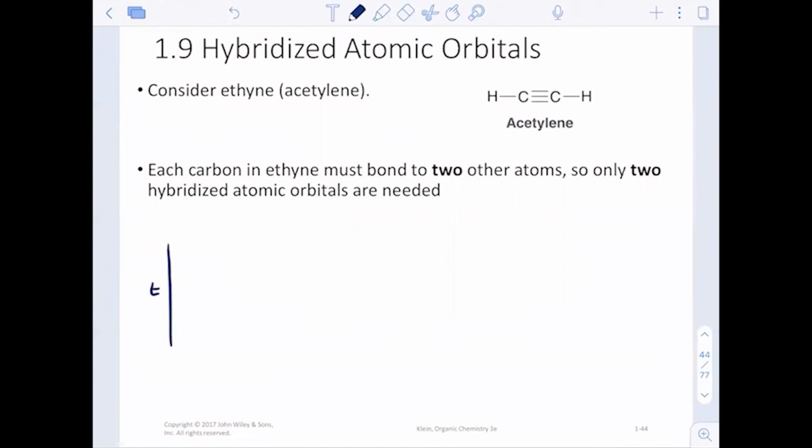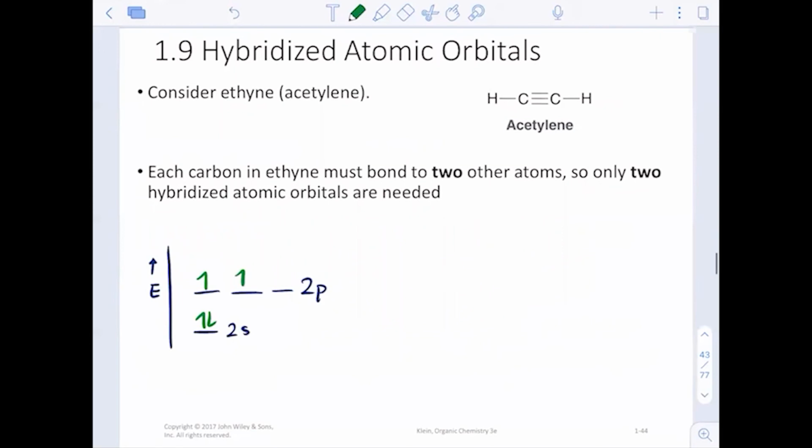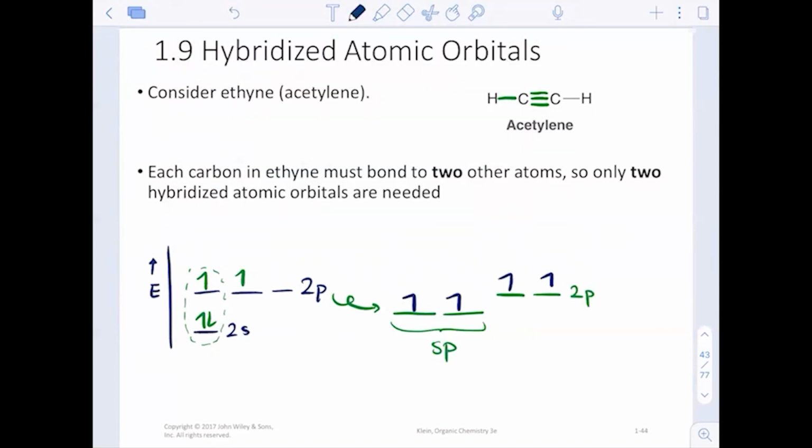If we again think about carbon's energy diagram for its valence, when we see that there's only two electron groups here for that carbon on the left, we only need to take two atomic orbitals, hybridize them to make two sp hybrid orbitals, and we'll have the leftover two p orbitals as well.